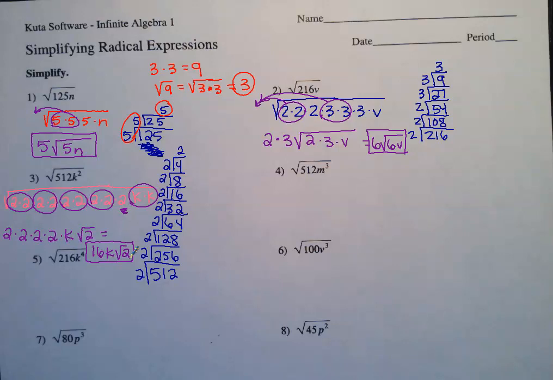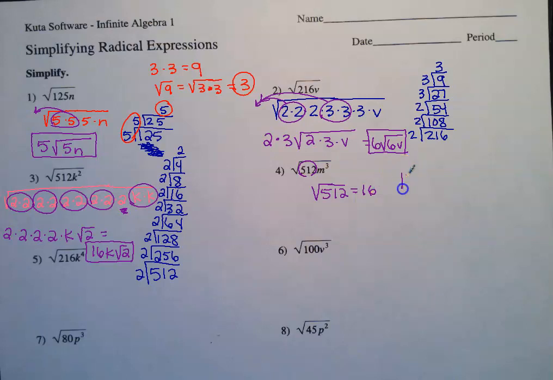All right, so hopefully that helps you with number 4. If we go at 4, we know the square root of 512 is 16. So I'm just going to break this one down a little bit differently. So the square root of 512 we know is equal to 16. We just realized that from this problem.